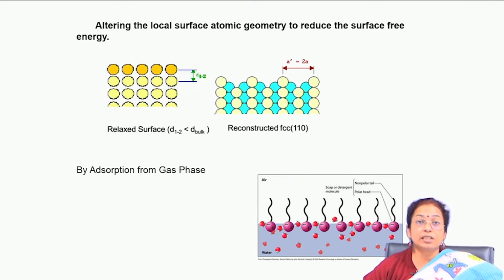So, reconstruction is a phenomenon where you will find that there are missing atoms from the surface, and the lattice parameter on the surface is usually higher than the lattice parameter of the same in the bulk. So, reconstruction and relaxation are the two important phenomena which are observed on the surface when you see it under ultra high vacuum.